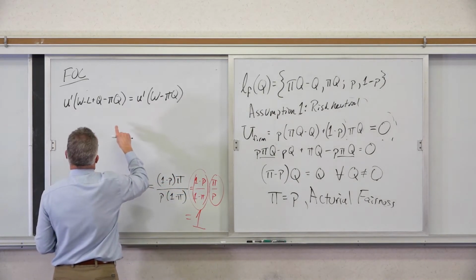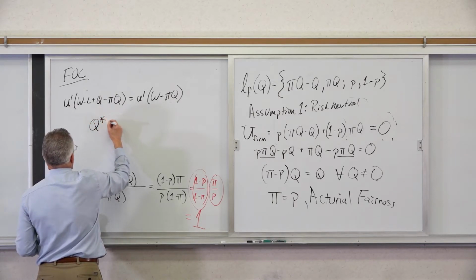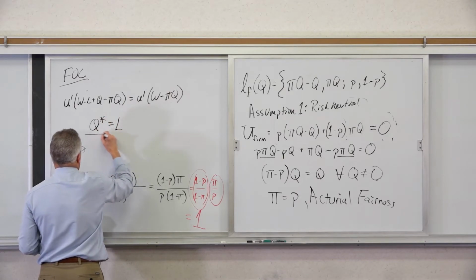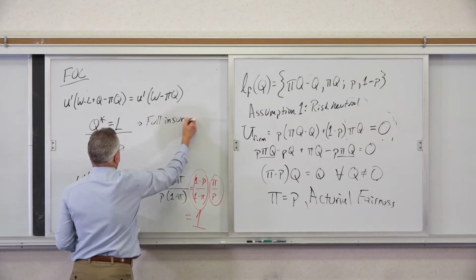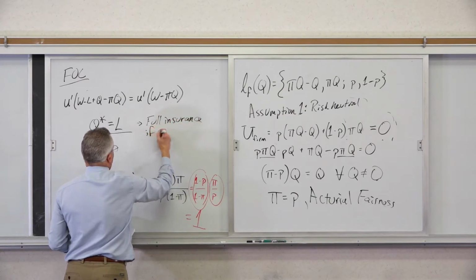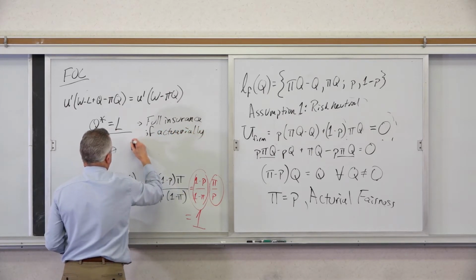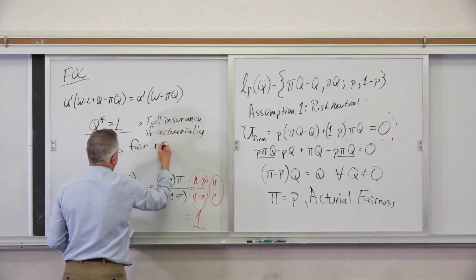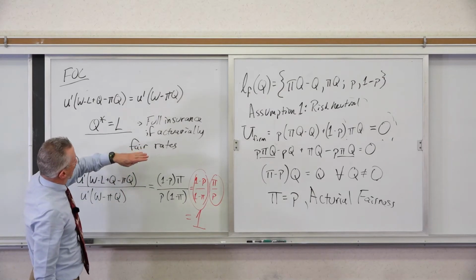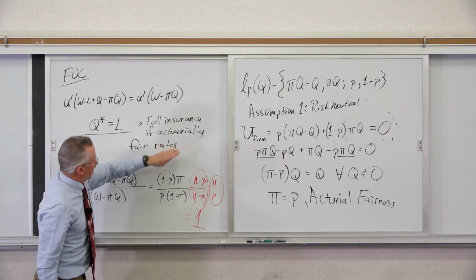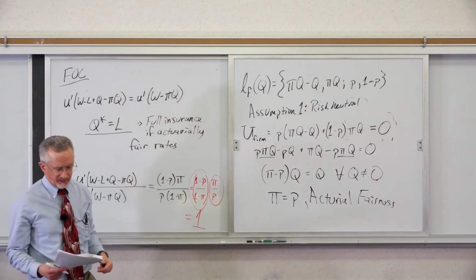That must mean that Q is equal to L. That is to say, full insurance, if we have actuarial fairness. A risk-averse consumer faced with an actuarially fair insurance premium will buy full coverage against the loss.